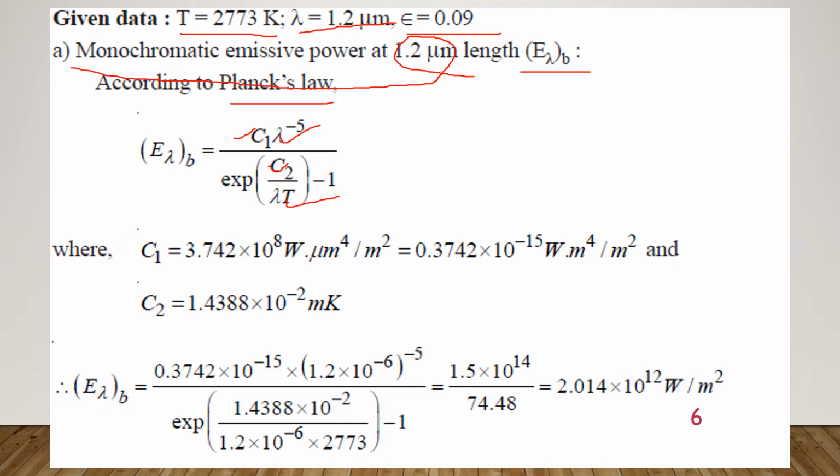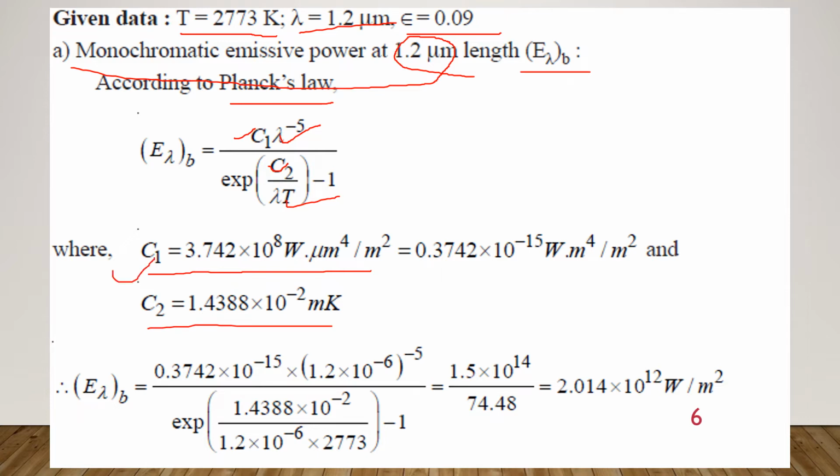The C1 value is 3.742 into 10 power 8 watt micrometer power 4 per meter square, and we have to convert that into watt meter power 4 per meter square. So we get 0.3742 into 10 power minus 15. The C2 value is also available with us.